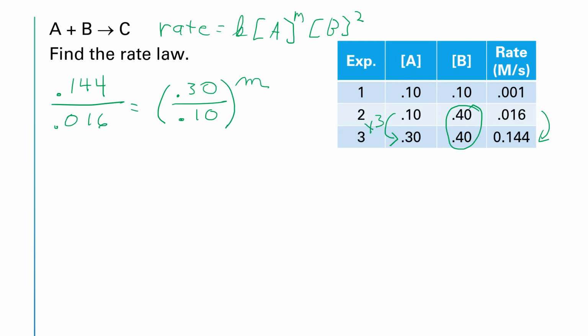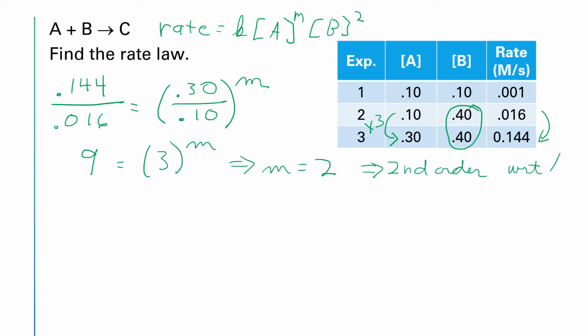Now if I take 0.144 and divide that by 0.016, I get a value of 9. I have 9 on the left-hand side, and then 0.3 divided by 0.1 is 3 to the M power, and so that's going to tell us that M is 2. So this reaction is also second order with respect to A.